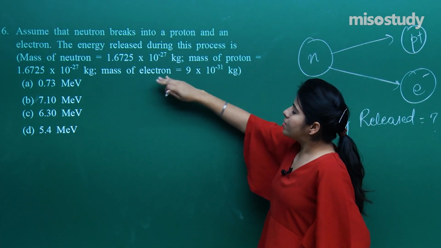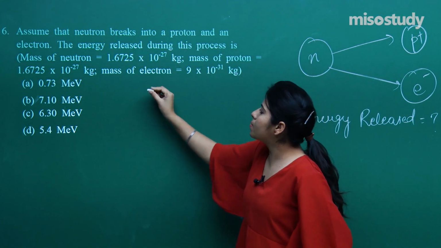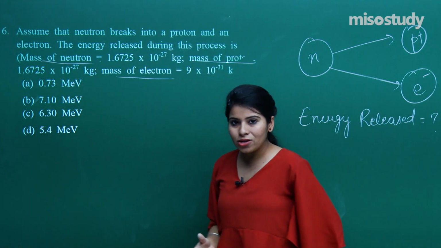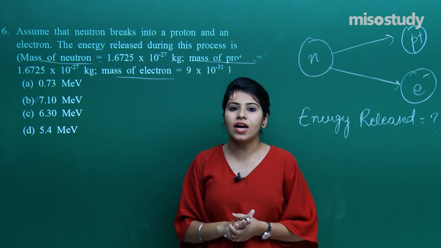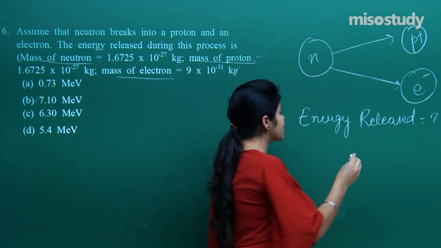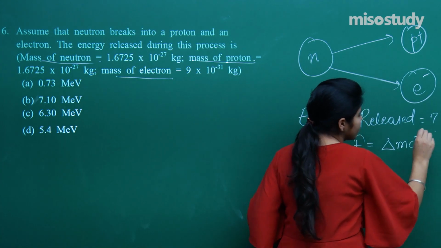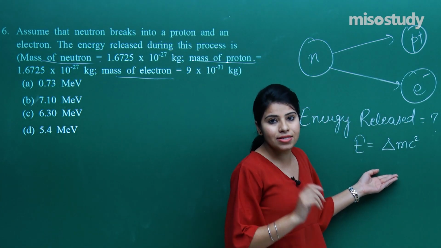Okay, I can see that the mass of neutron has been given, mass of proton has been given, and the mass of electron has been given. So I know that we have one formula related to energy and mass, and that formula is none other than E equals delta M into C square, where delta M is your mass defect.